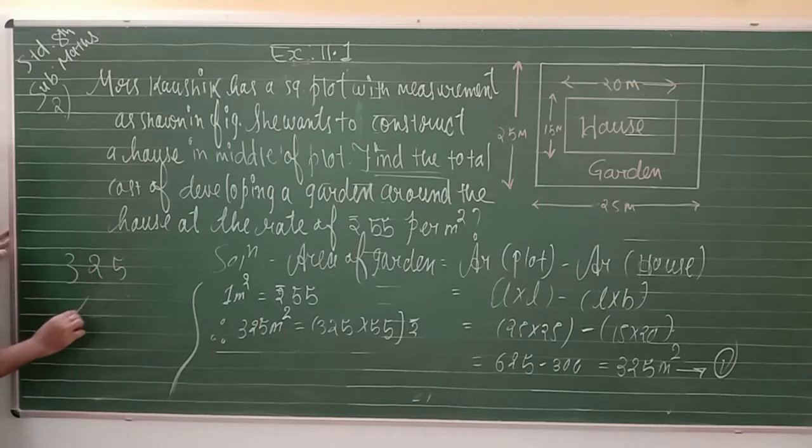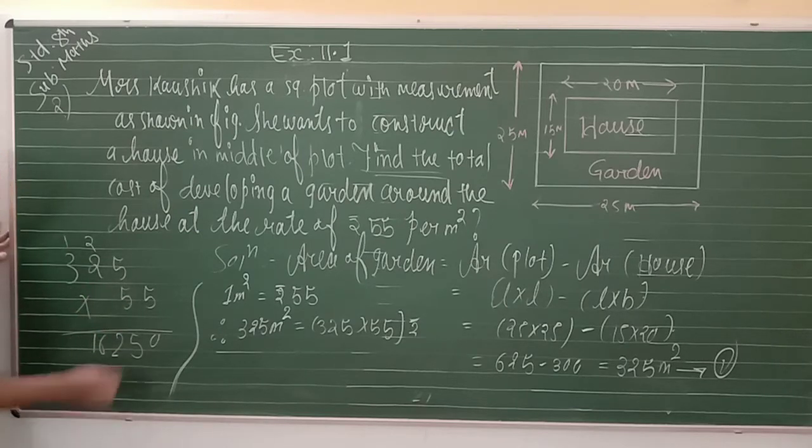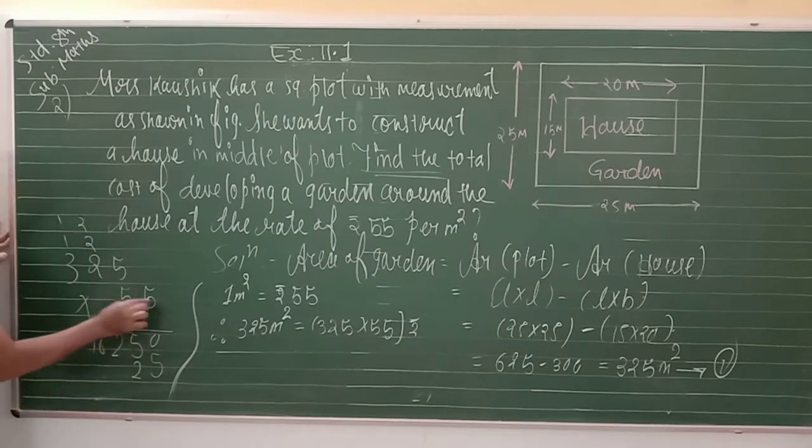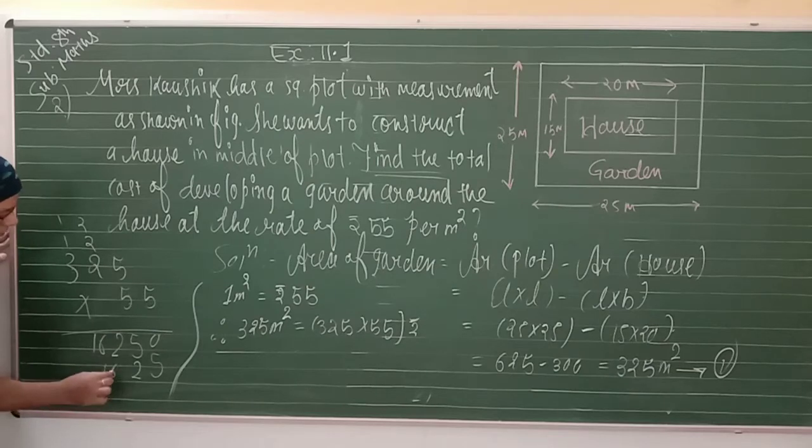325 into 55. 5 5s are 25. 5 2s are 10 plus 2, 12. 5 3s are 15 plus 1, 16. Again 5 5s are 25, 5 2s are 10 plus 2, 12, 5 3s are 15 plus 1, 16.